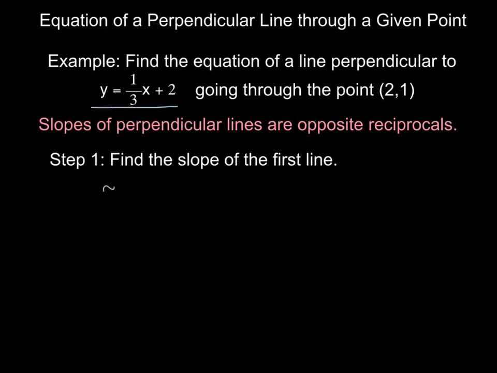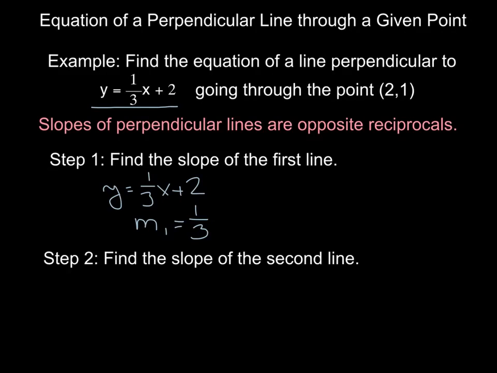So I'm just going to rewrite the equation. y is equal to 1/3 x plus 2. And it's fairly simple to see that the first slope here, m1, is going to be 1/3. So we'll write down that m1 is equal to 1/3.